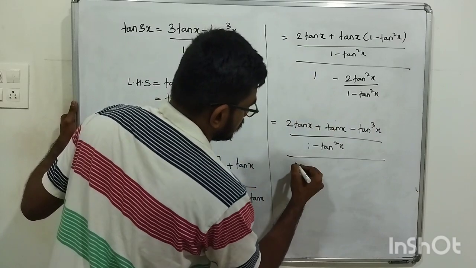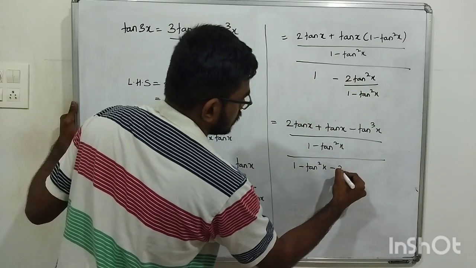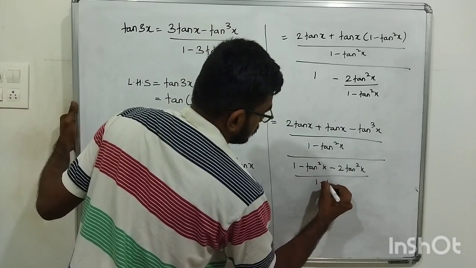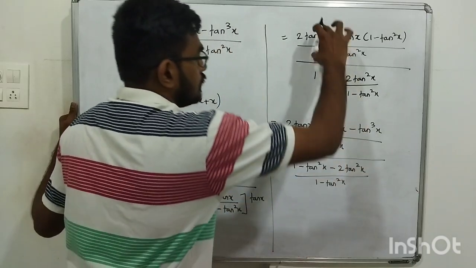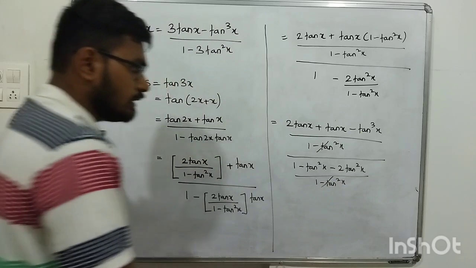1 minus tan square x is 1 upon 1 minus tan square x, minus this 2 tan square x upon 1 minus tan square x. Okay, this upon this. Then simplify. This can be cancelled with this.